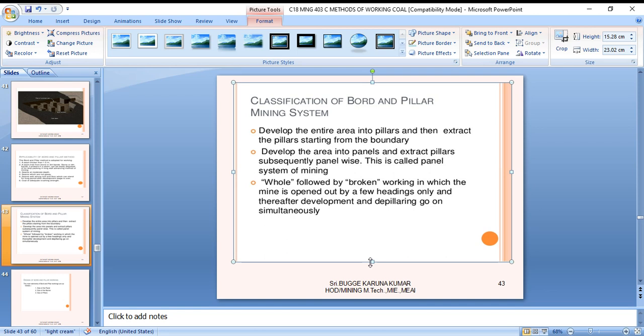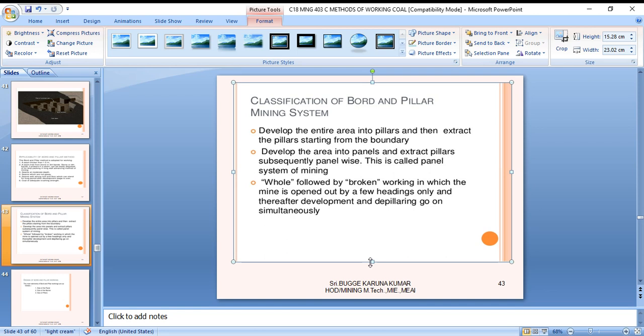From the ventilation point of view, and as spontaneous combustion of coal leads to fire problems, the panel system, the district system, is developed. Sections are developed so that they are independent of each other. Each panel or district has a specified method of extraction and speed of activity. We can decide 30 pillars, 40 pillars.